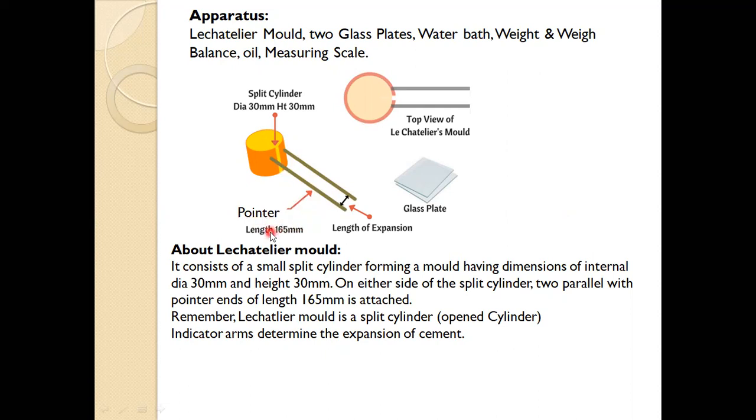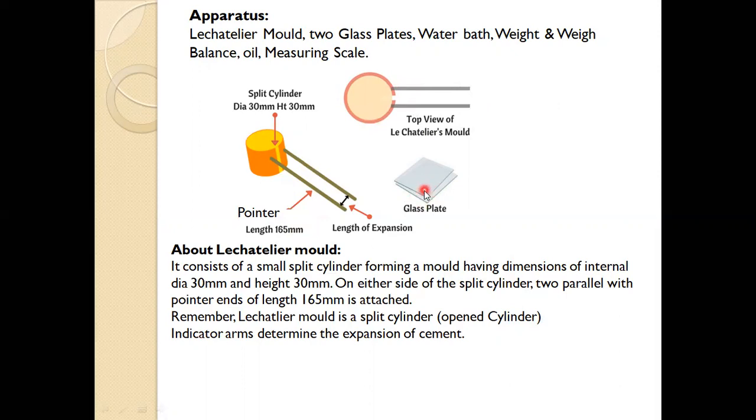These pointers have a length of 165 mm. The cylinder has an internal diameter of 30 mm and height of 30 mm, along with the two pointers. This is the top view of the same cylinder. This is a circular cylinder, cut at the side along the height. These two pointers are welded, having a length of 165 mm.